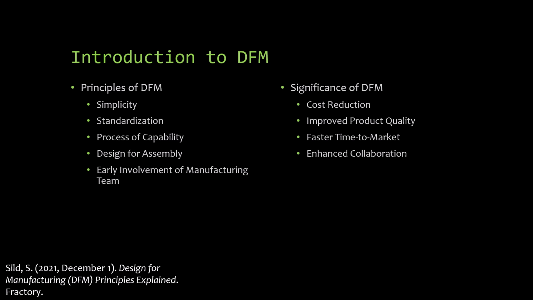Faster time to market. Streamlined designs that are easier to manufacture can accelerate the production process, allowing products to reach the market more quickly. And enhanced collaboration goes back to how DFM fosters collaboration between design and manufacturing teams, promoting a more integrated and efficient product development process.